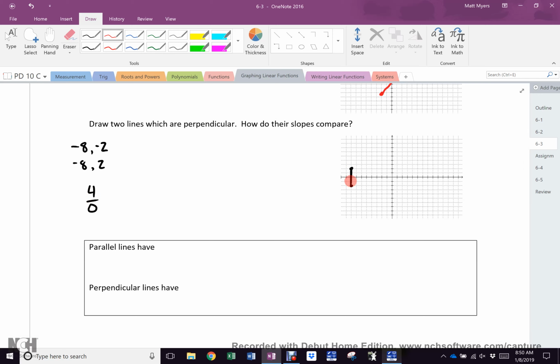Is everybody cool? Okay. Now, I want you to put a line at negative 10, 0 to negative 6, 0. What's that slope? 0. And as a rise over run, what is it? 0 over 4. Do those lines meet at right angles?